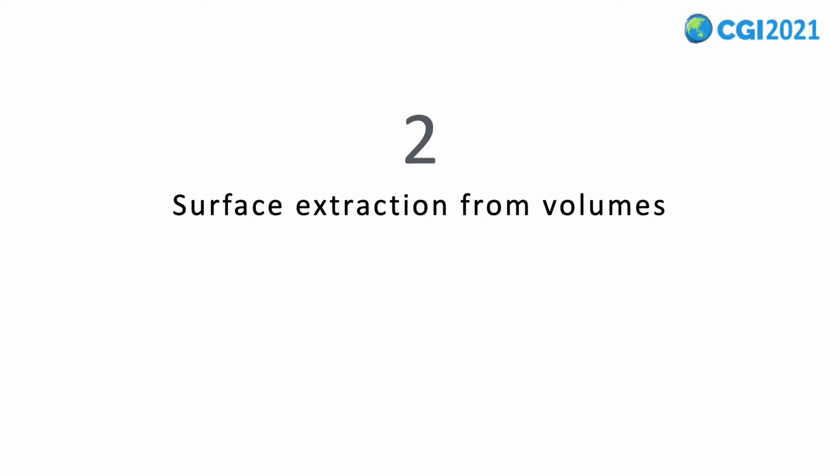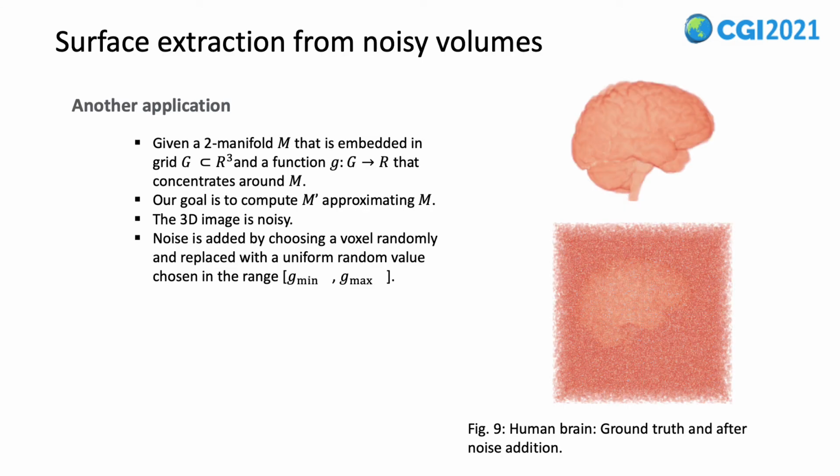The next application is surface extraction from volumes. We have a two-manifold M embedded in R3 and a function G to R concentrated along M. These are noisy.